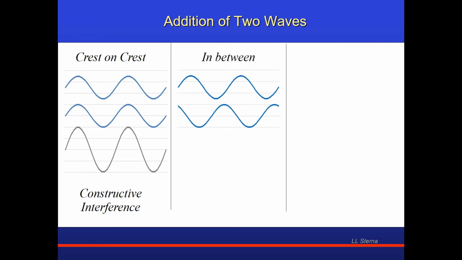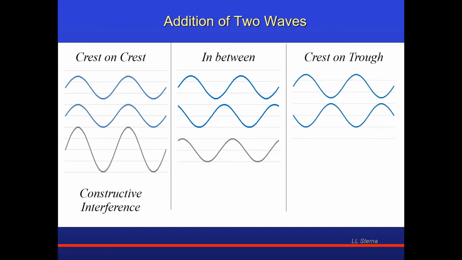Now you could have something in between where the crest, the trough, they don't quite line up. Those two waves can add, and you just get something that looks about like one of the starting waves. Nothing special there. It's not bigger like the constructive interference.